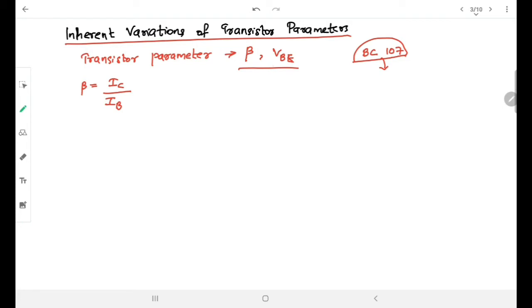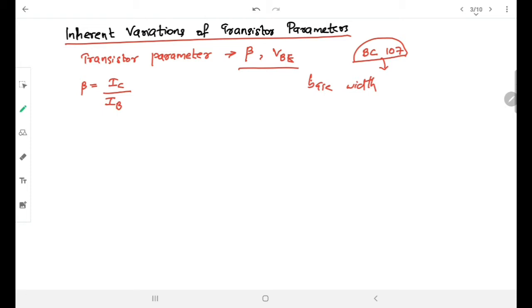For example, the base width may vary from one transistor to another, even of the same kind. These variations result in large changes in the transistor parameters beta and VBE. We know that base width is a main factor in determining the depletion width. It will affect VBE, and base width will affect IB. If IB is changing, beta will change.